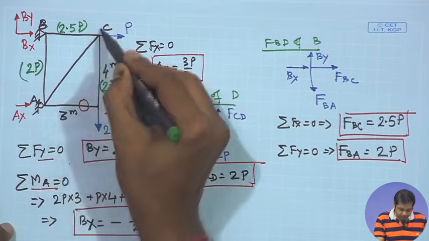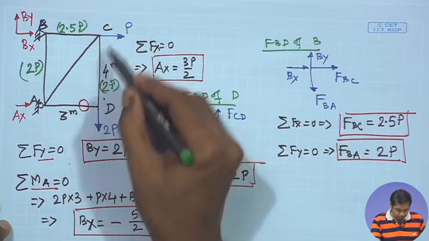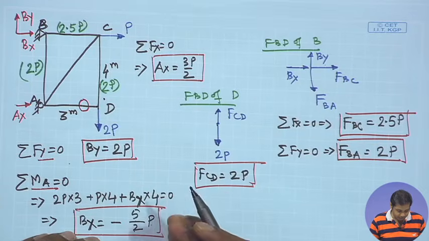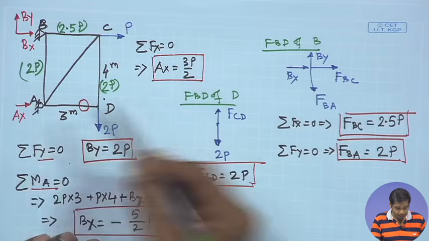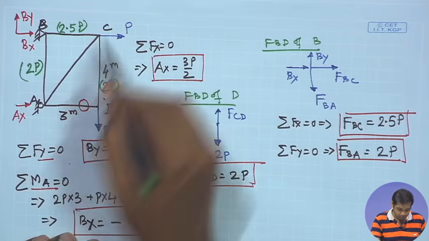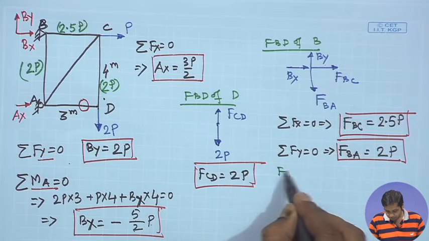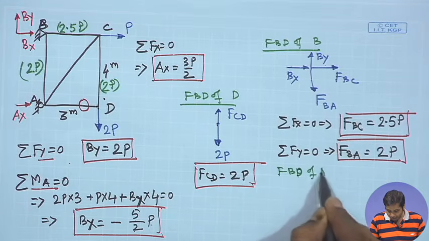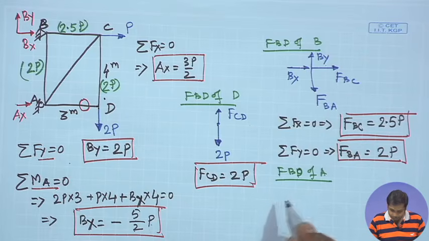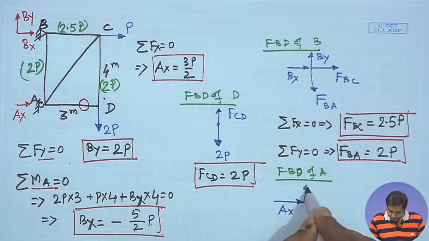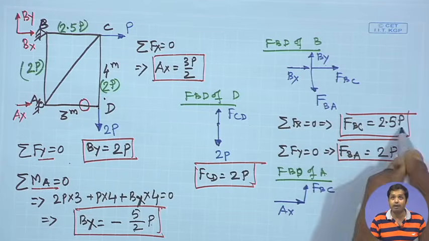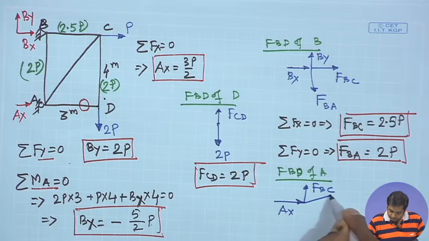The only thing left is member AC, the force in member AC, which we can determine by taking the free body diagram of either joint A or joint C. If we take the free body diagram of joint A, the forces will be the reaction force Ax, then FBC, which we have already determined, and then this force FCD.